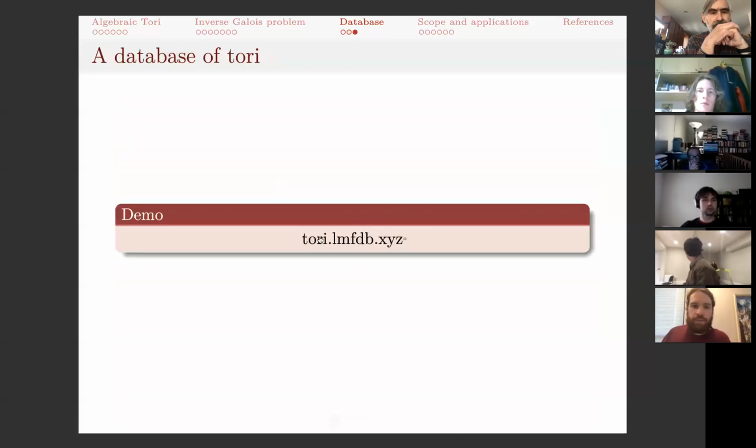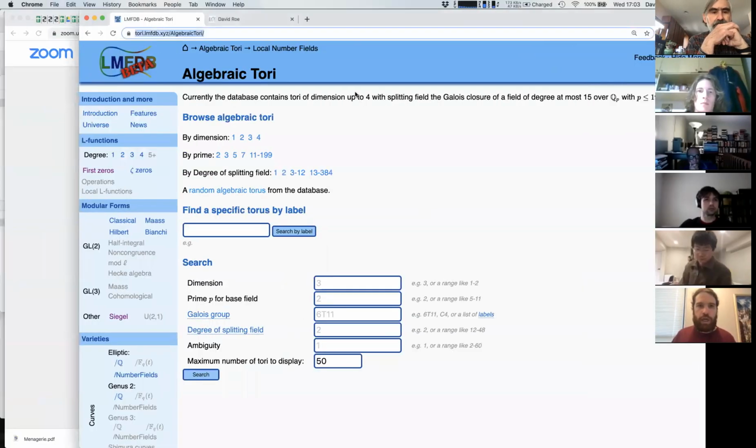All right, so I'm going to switch to a quick demo of what's available right now in the LMFDB. This is on an alpha version of the LMFDB, so you can't go to the actual LMFDB.